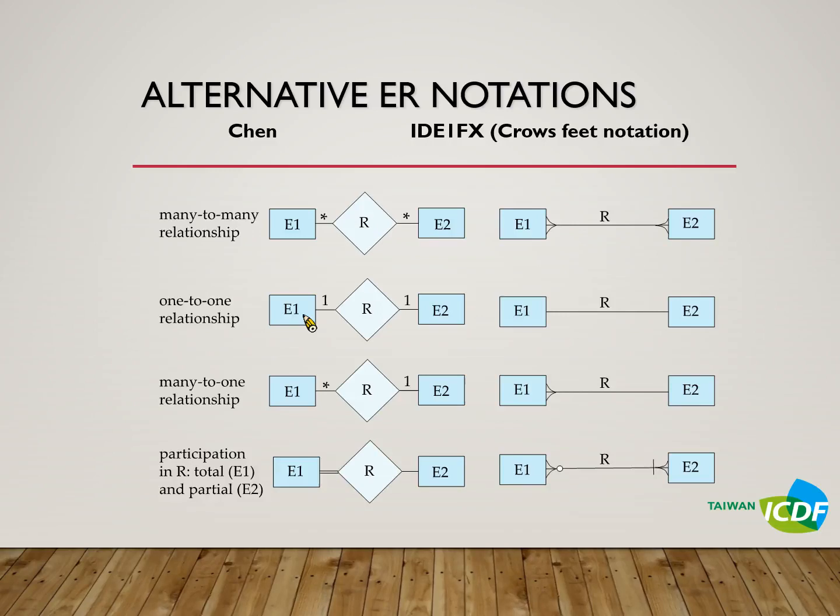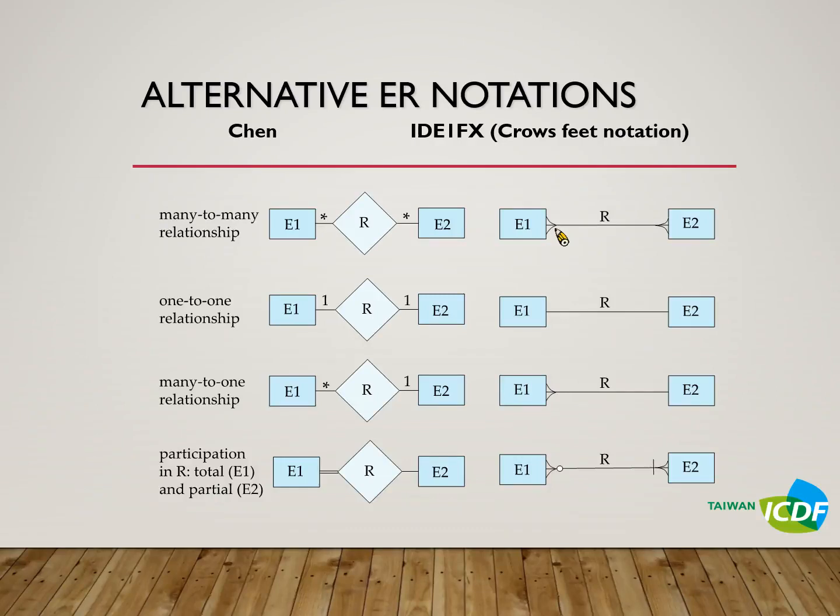If we want to represent one-to-one relationships, what we have to do is indicate one on the lines between relationships and entities. So many-to-one relationships are described by indicating star and one. And in this system, double lines mean total participation and single lines denote partial participation.